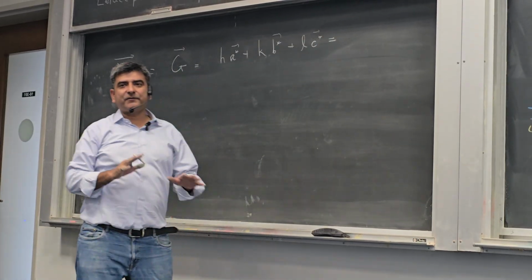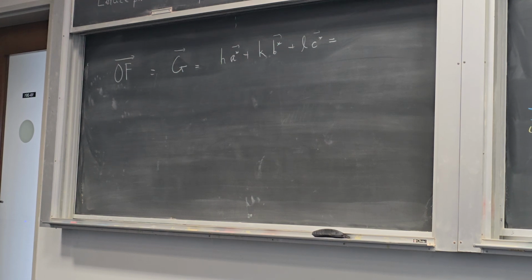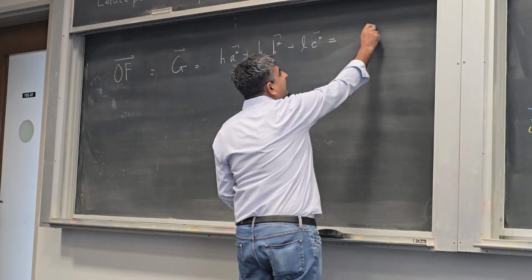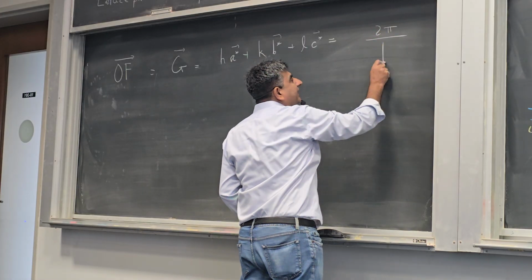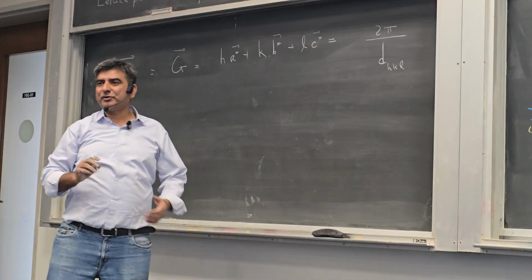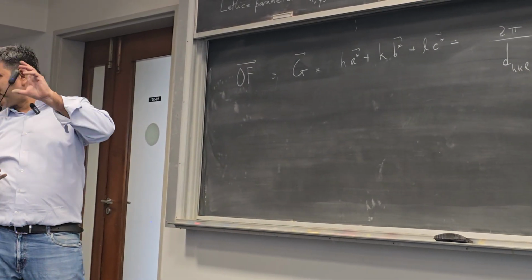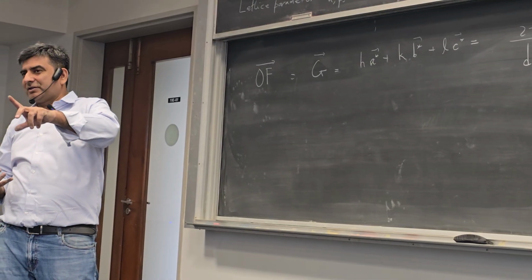So what is this? If this is for a cubic cell, what will be the distance of this point? It's going to be the inverse of the interplanar spacing corresponding to the HKL planes. It's going to be 2 pi over d HKL, correct? In the reciprocal space, the points are separated by 2 pi over d for the cubic construction.